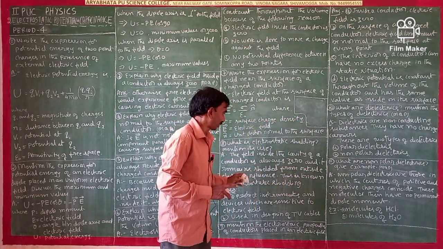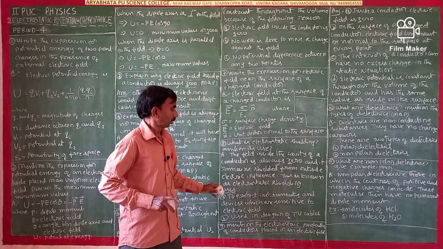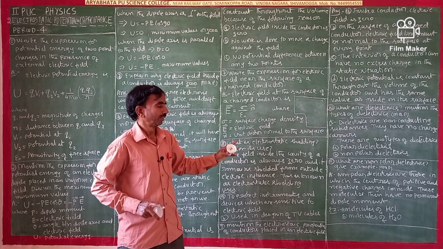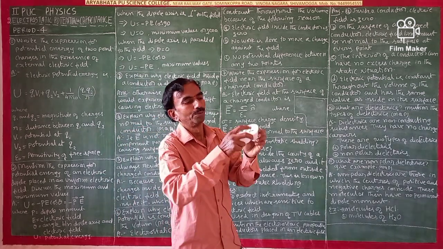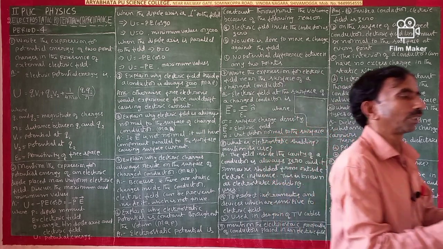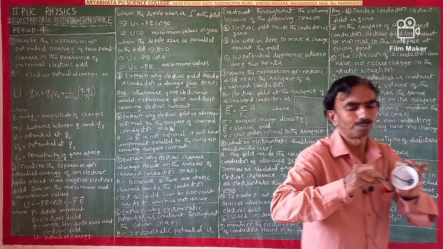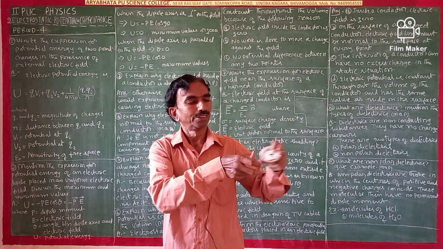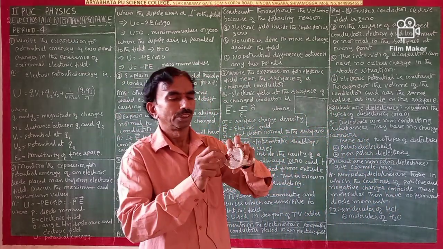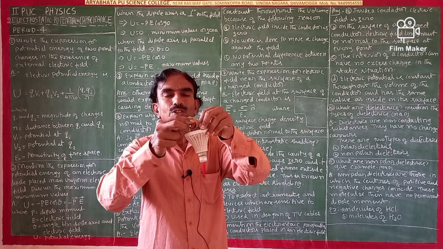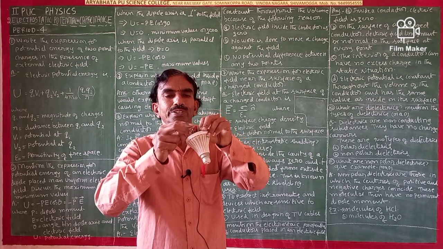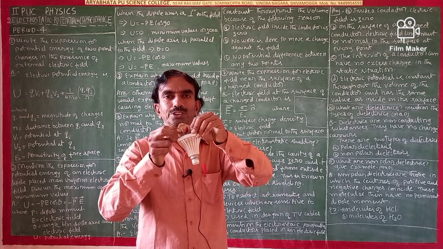Now, just for information, you only need to know the electrostatic shielding. So this is the shield. If you remove this, you can see very sensitive instruments, the red colored integrated chips, and the black colored capacitors.